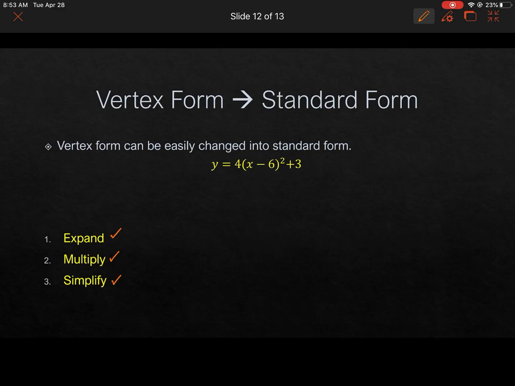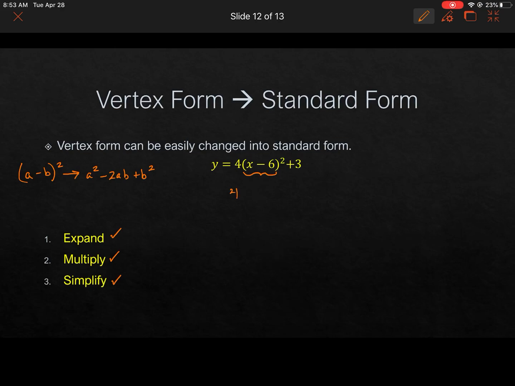So once again, it becomes useful to know that pattern of perfect square trinomials. It comes back to us. So remembering that a minus b squared multiplies out to a squared minus 2ab plus b squared. So I'm referring to this part right here, x minus 6 squared.